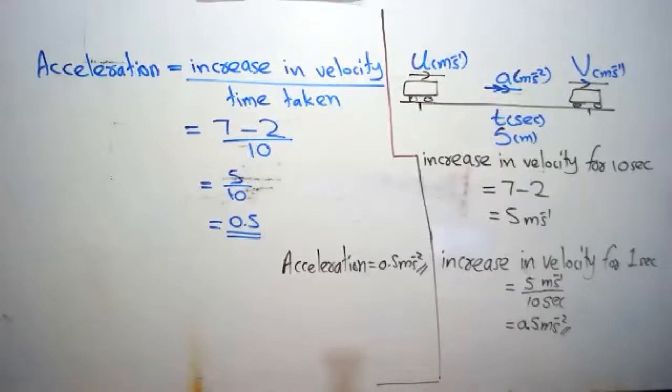So initial velocity is u, velocity after t seconds is v, displacement for t seconds is s.